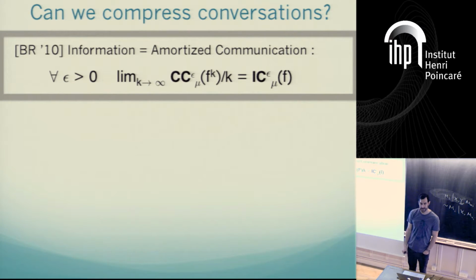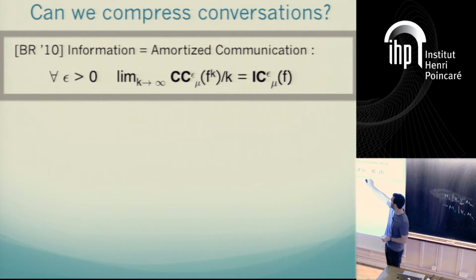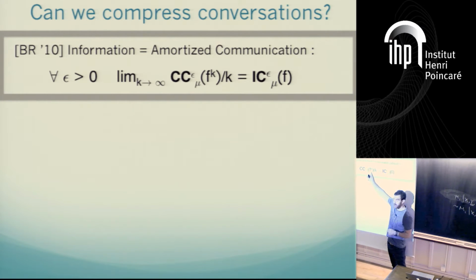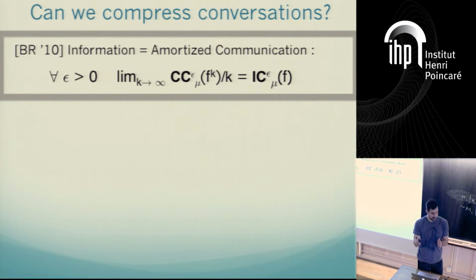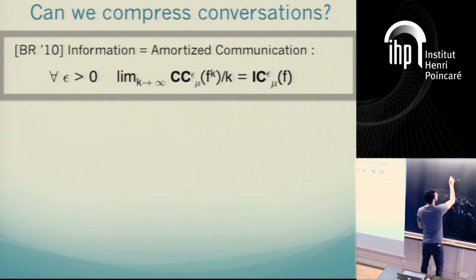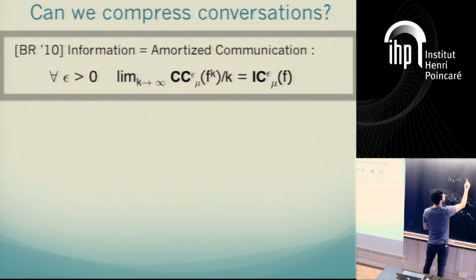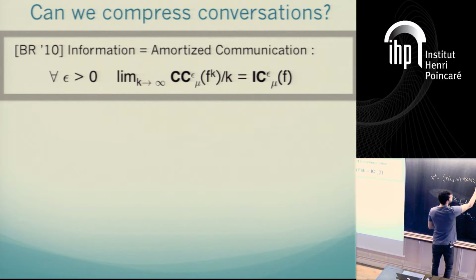No. You really mean that the joint distribution for the k-wise extension is IID? Right. So the quantity up here is the number of communication bits required to solve k independent inputs, x1, y1, x2, y2. So fk is defined as the following k-tuple of functions.